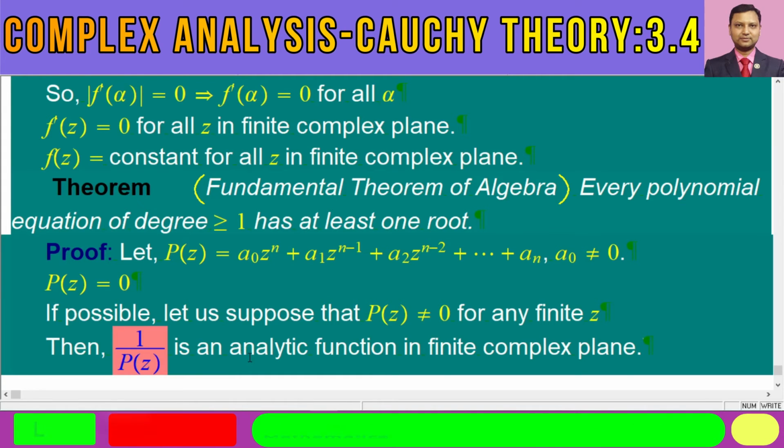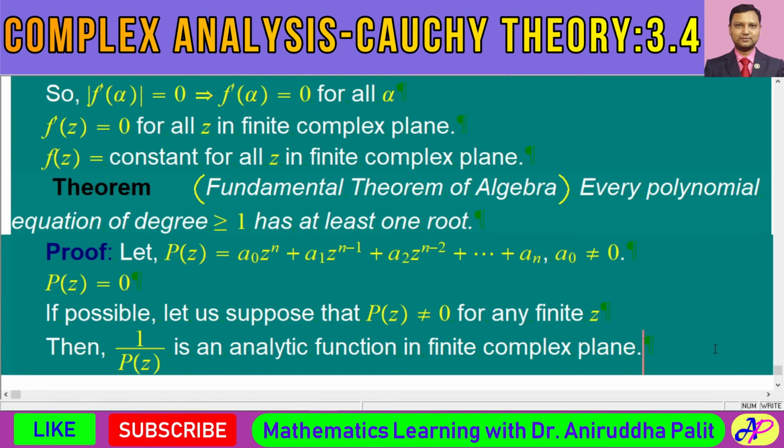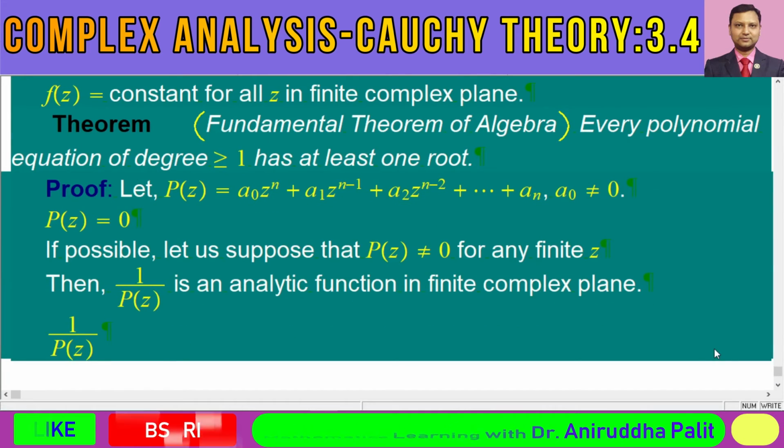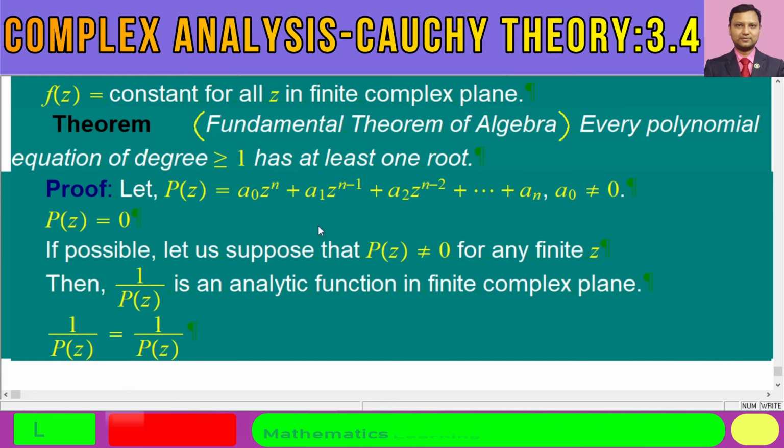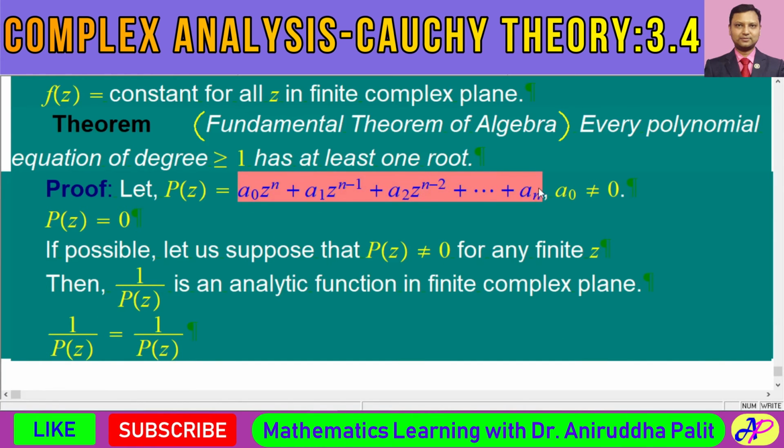And also you see what we have over here, this kind of function 1 by p of z. Let me copy and paste this expression.